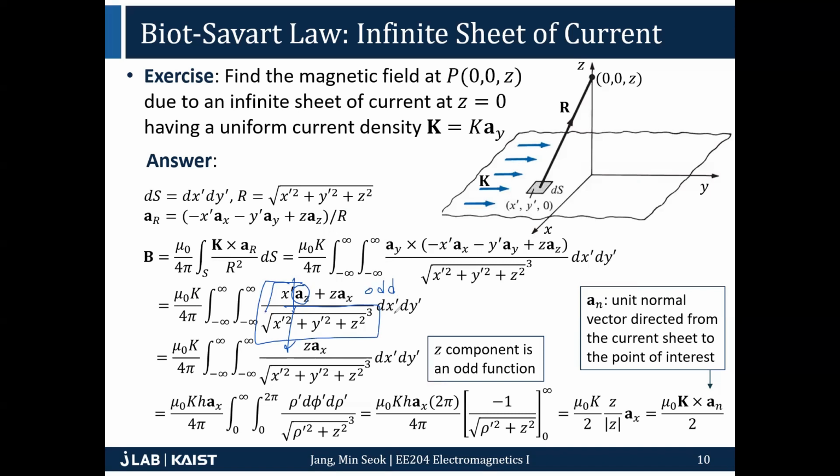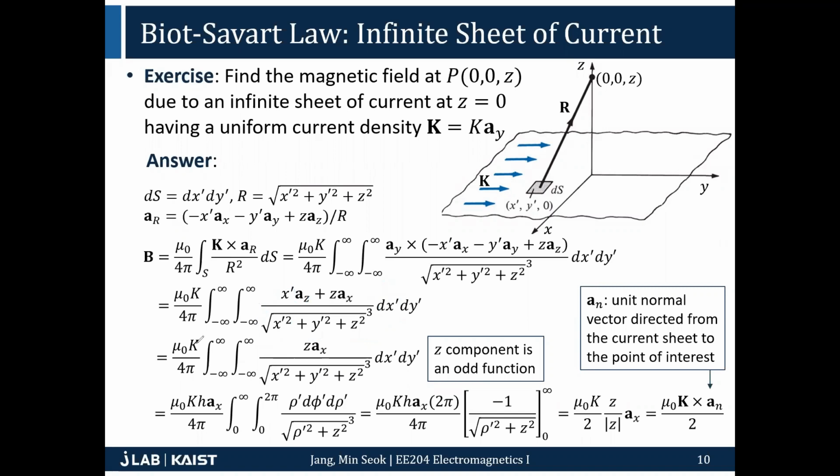It's odd with respect to x prime. So if you perform the x integration, the Az component goes away. So I erased it ahead of time, even before I took the x integration. That's what I did.